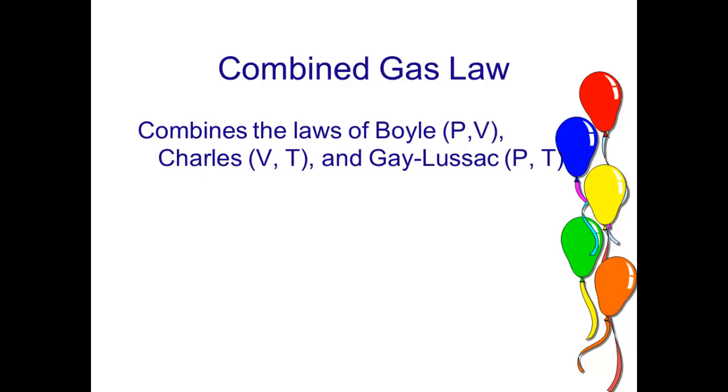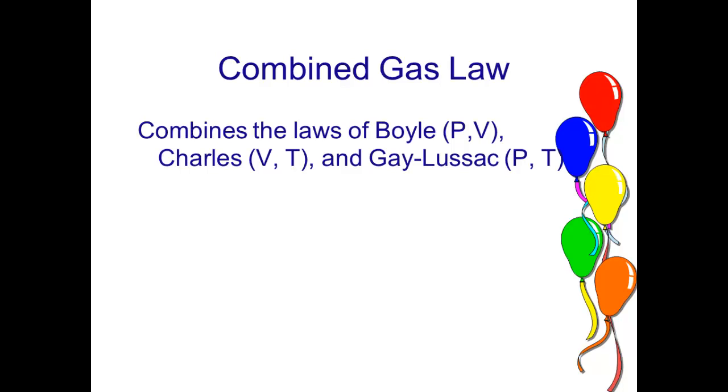So think about those three equations. In all three equations, in whichever ones it shows up in, was the pressure on the top or on the bottom of a fraction? Top, in all of them. How about volume? Top. Temperature? Bottom.